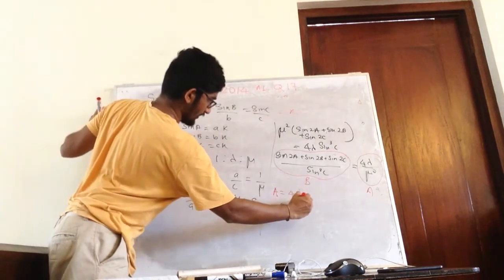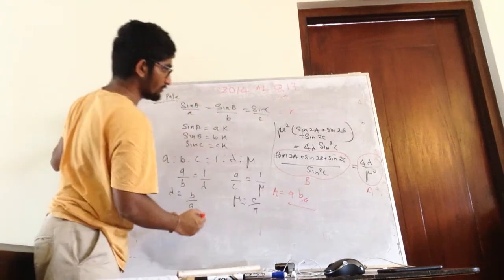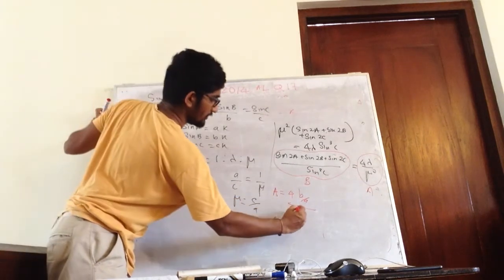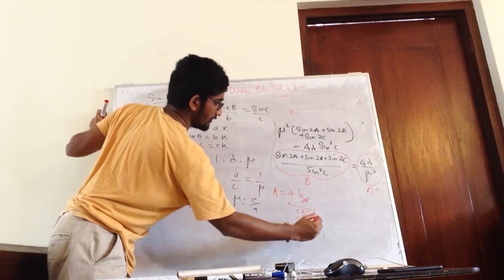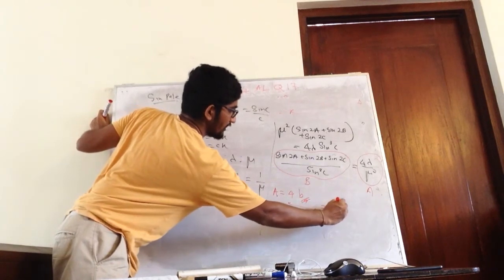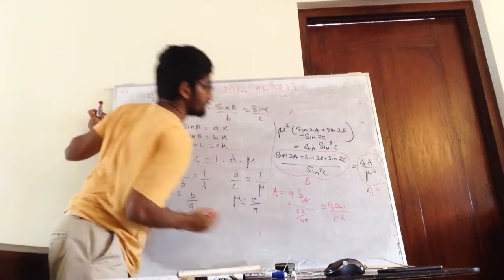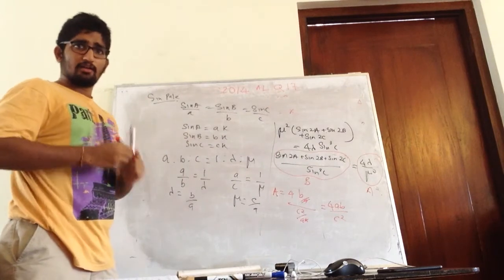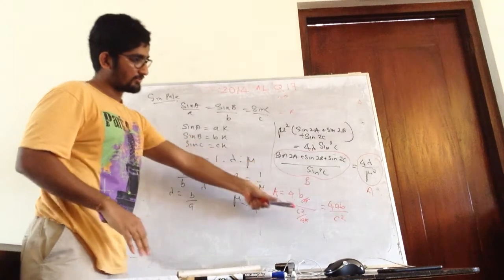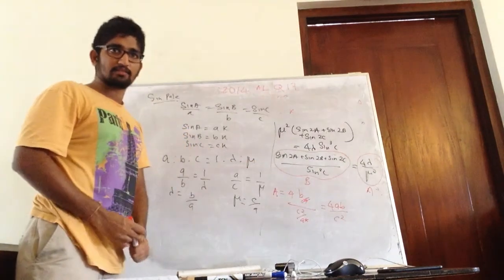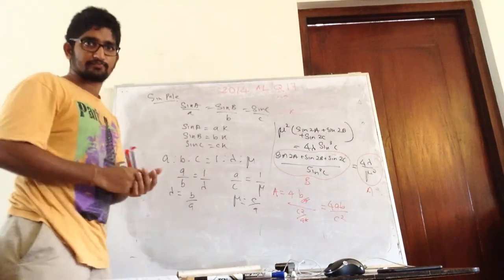B over A. What is mu square? C squared over A squared. So I can remove one A, that is, I get 4AB over C square. And now this is A. So if I find B as the same as this, then I will get the answer. Correct?